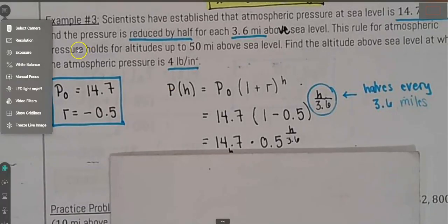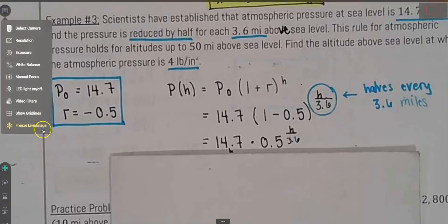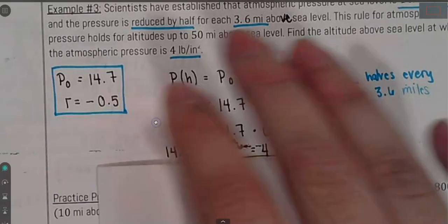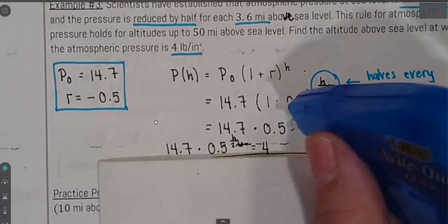There we go. All right. Please solve for h when this equals 4. Here, I'll even set up the equation for you. There you go. Sorry that the copy machine is printing these little things here.